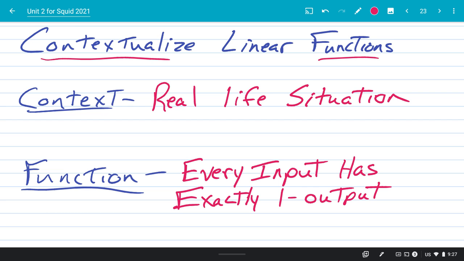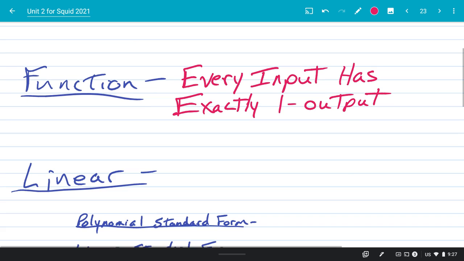How about linear? What does it mean to be linear? Okay. I'm going to erase the first thing that you said there, and I'm just going to stick with the second part. Has the first degree. It is to the first degree.